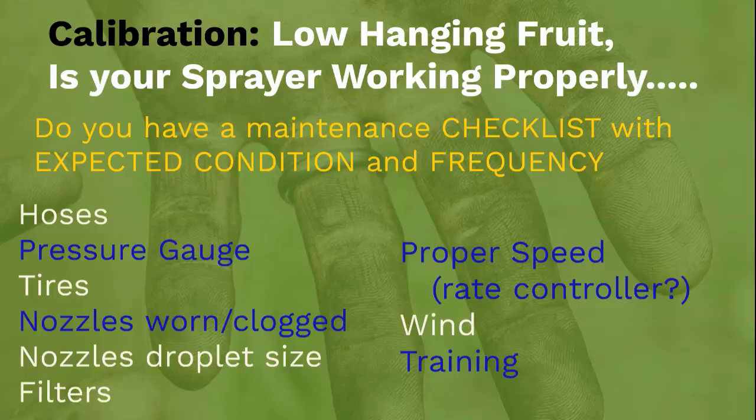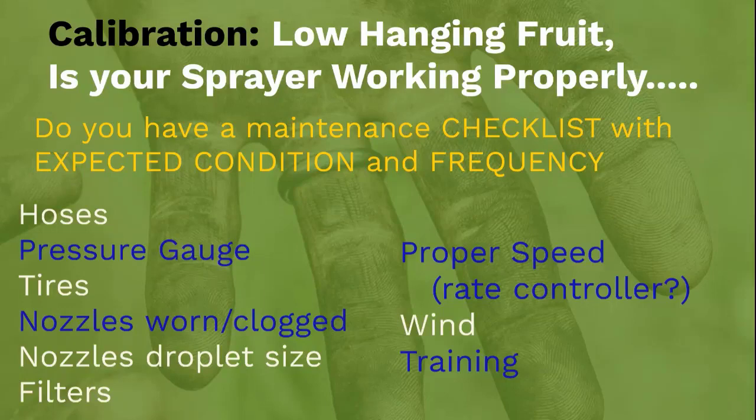So rate is affected by the items in blue. So those are nozzle, speed, and pressure. You know that when you go to a block, that if you want a little more deposition, you might drive a little faster or you up your pressure a bit. But you were trained to do that, which is great, as long as you understand the rest of the complexity of the machine.